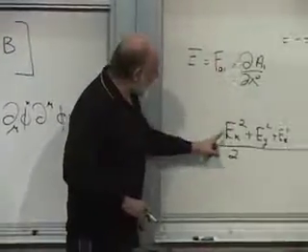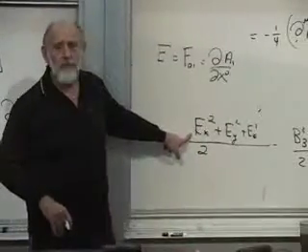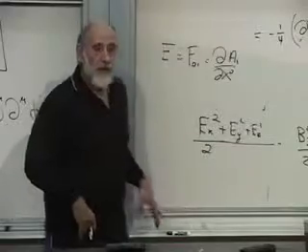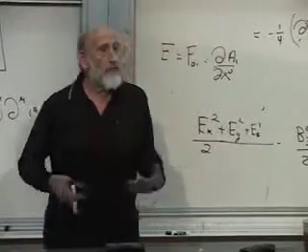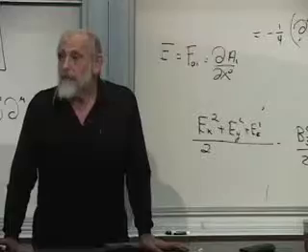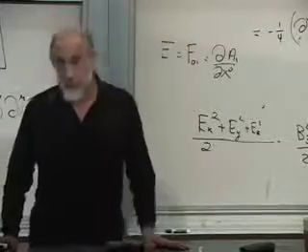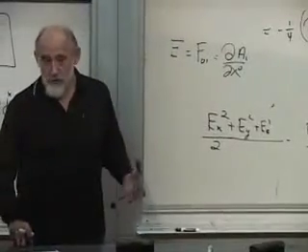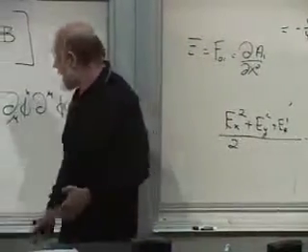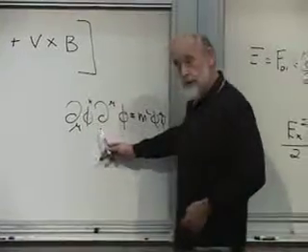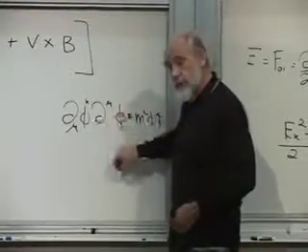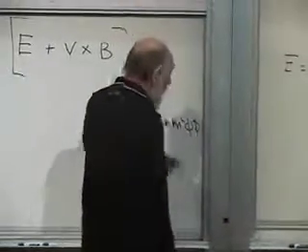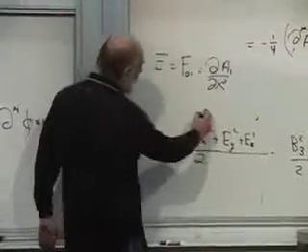When I square it, this contains some time derivative squared. What kind of terms in the Lagrangian involve time derivative squared? Kinetic energy. So this is similar to the phi dot squared term, or x dot squared. So this is the kinetic energy of the field.